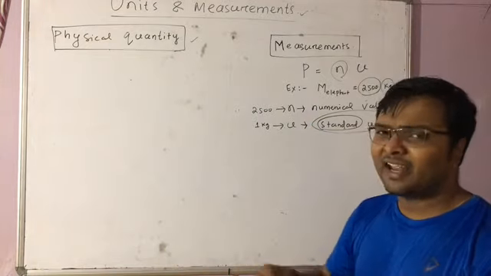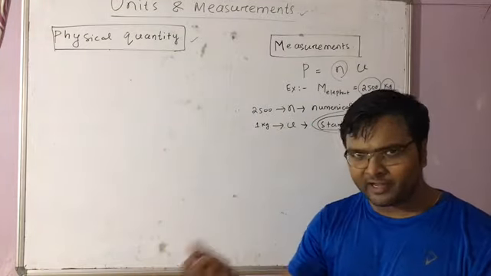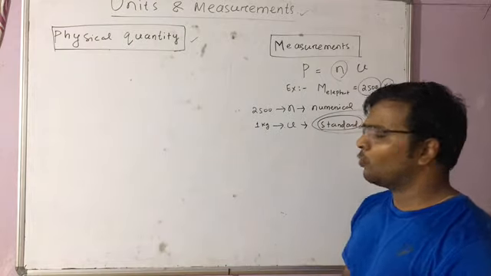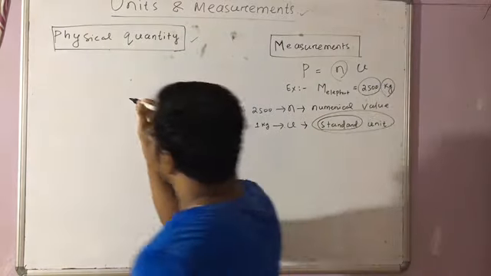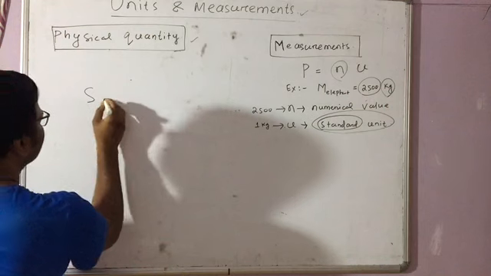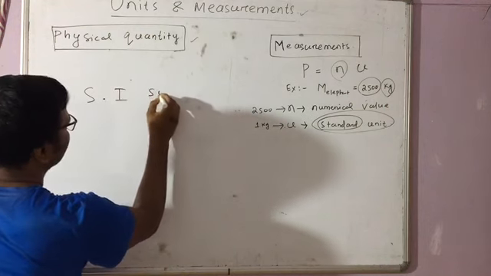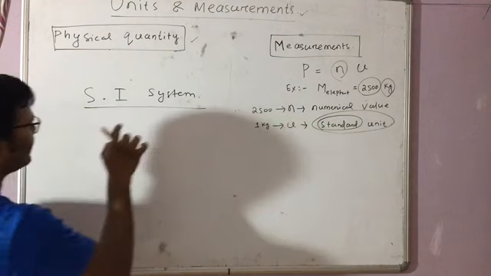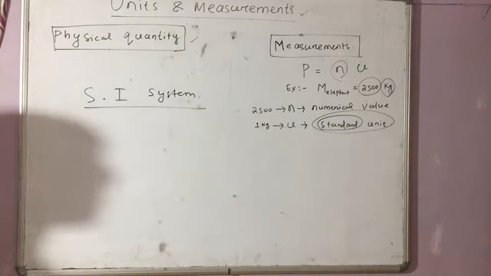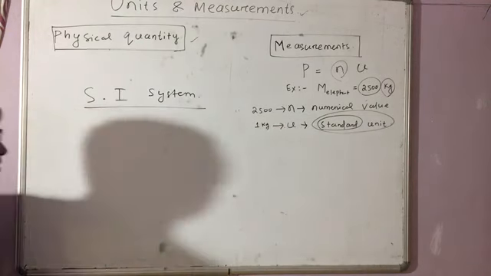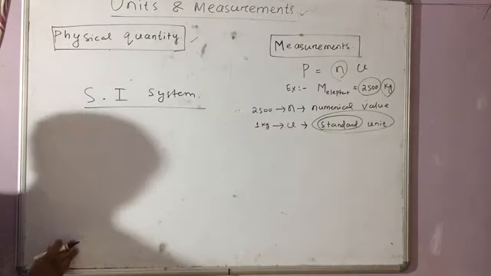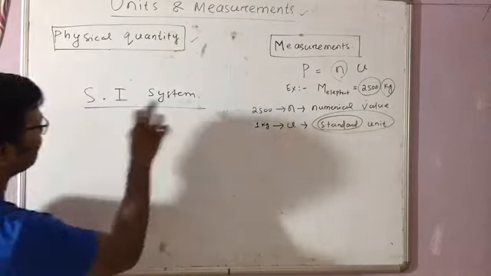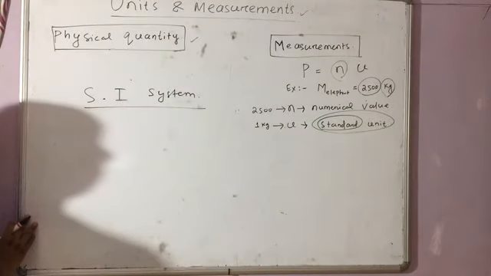There are n number of systems that can be devised, but globally we follow one system, called the SI system. It stands for System of International Units. The International Association for weights and measures named this system the SI system.